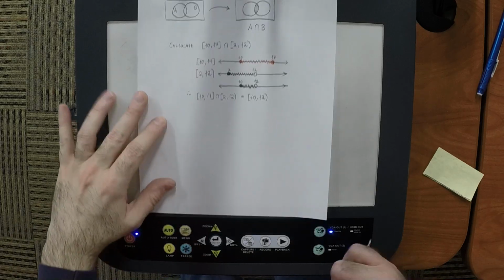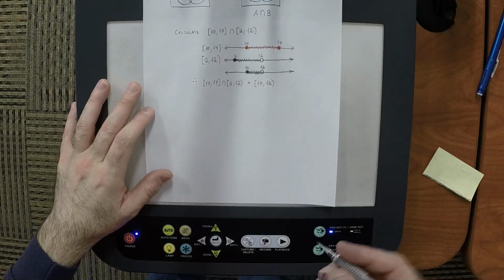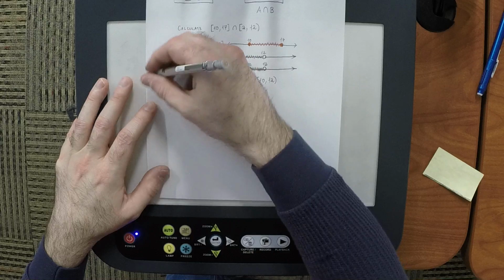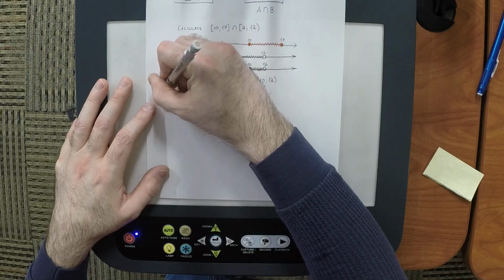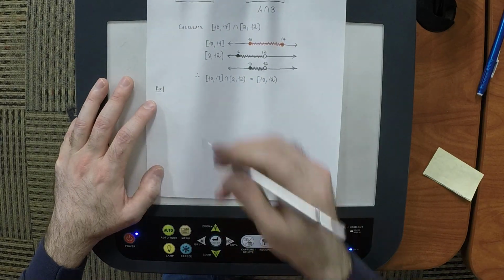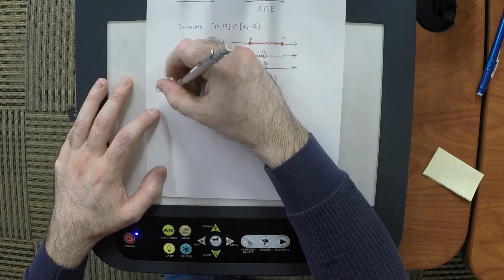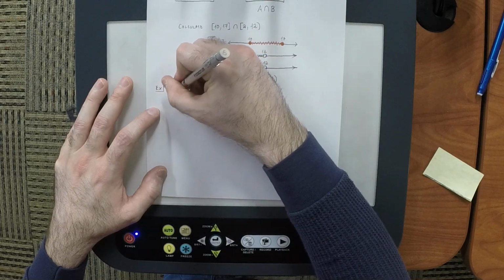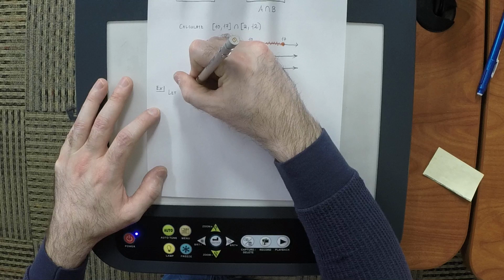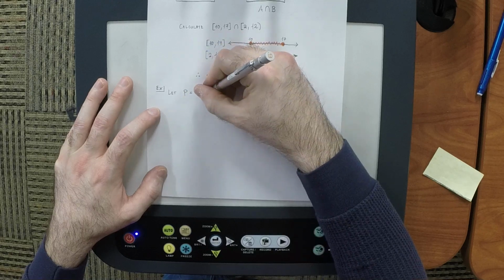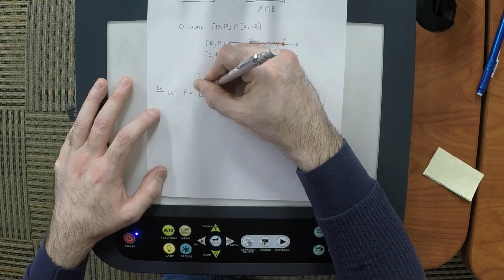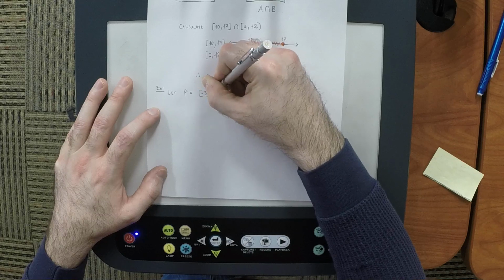All right. So then maybe one example, and then we'll move on to something else. How about let P be, I don't know, -3 to 8.